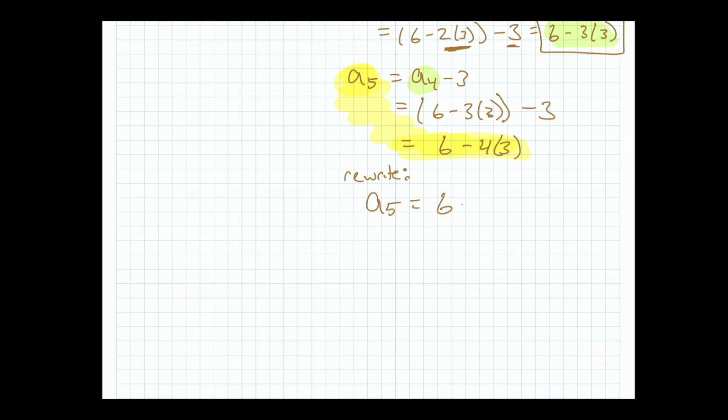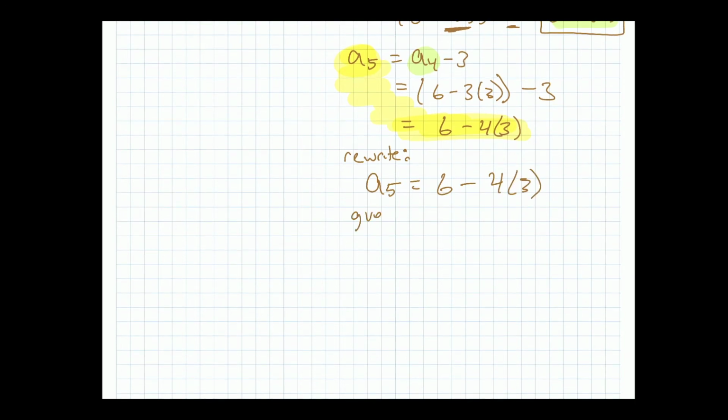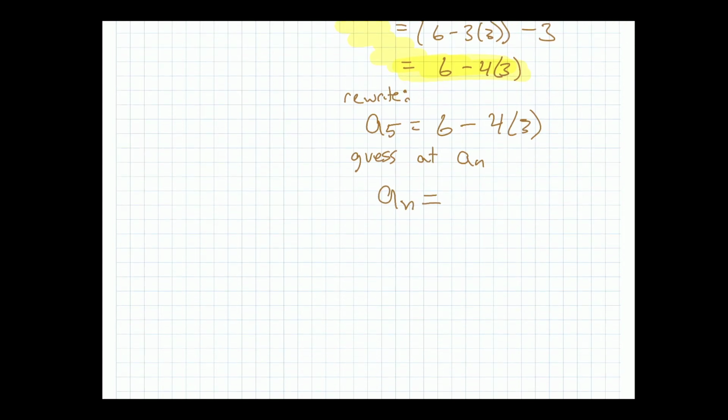A5 equals 6 minus 4 times 3, right? I bet you could guess this. Guess at AN. So AN, if you look at the picture, probably is 6 minus, and compare this number here to this number here, right?